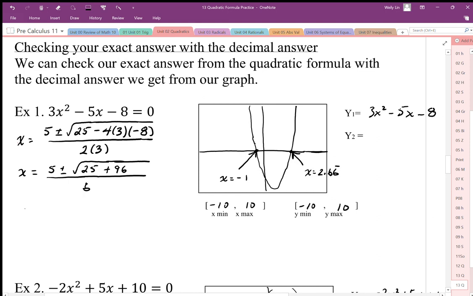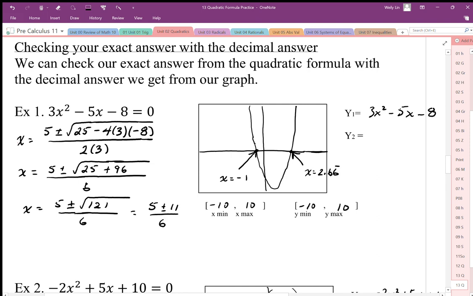Combining those terms, I get 5 plus minus the square root of 121 over 6. 121 is a perfect square, so we get 5 plus minus 11 over 6.